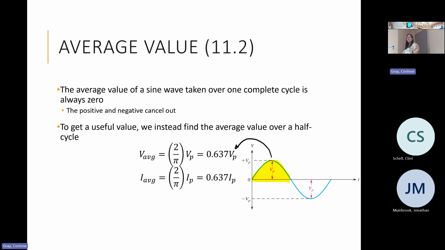So you can use 2 over pi, or with the textbook, it is going to round it to 0.637 as the value.